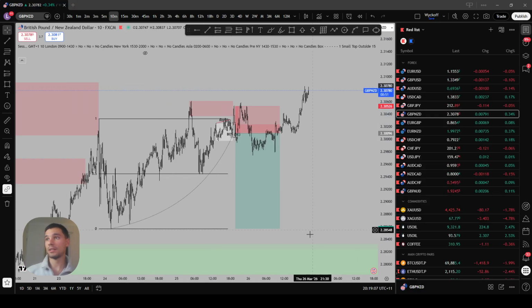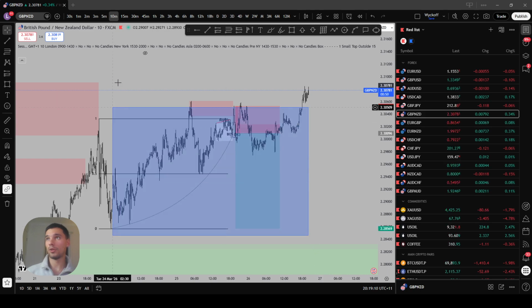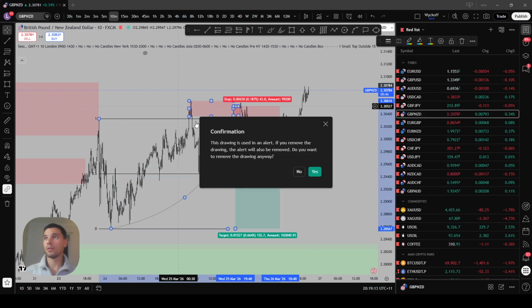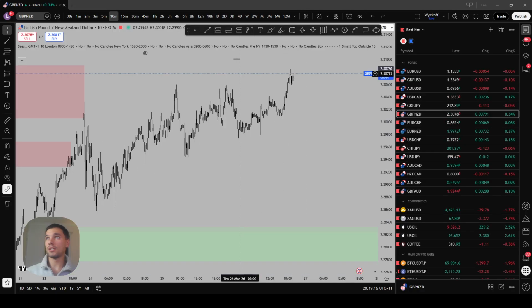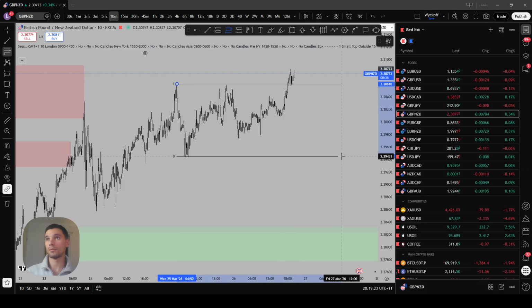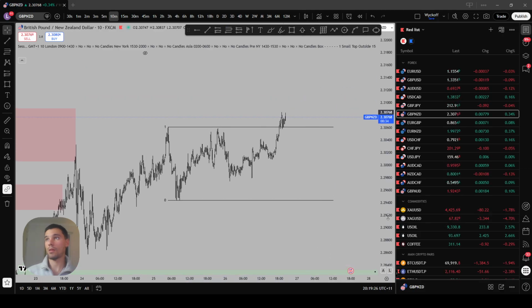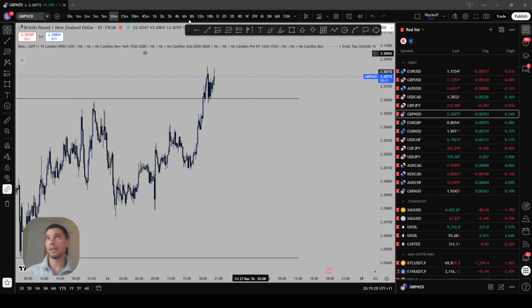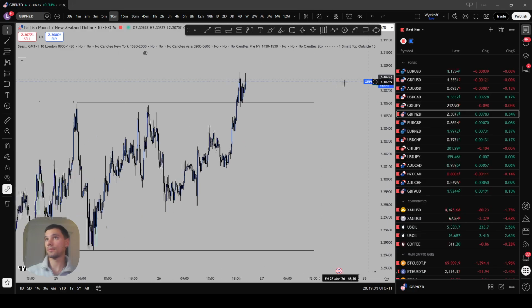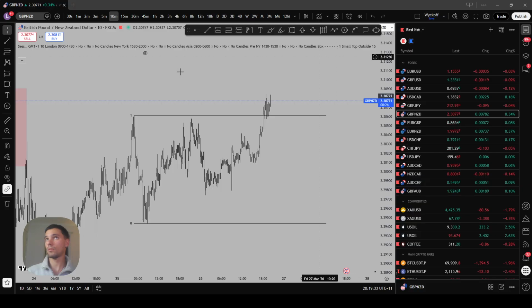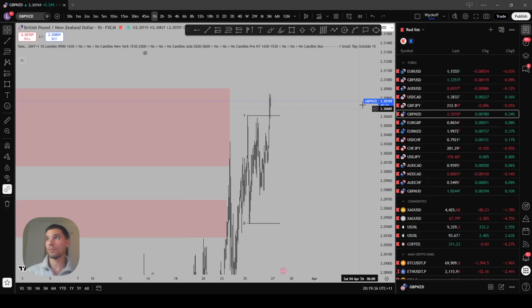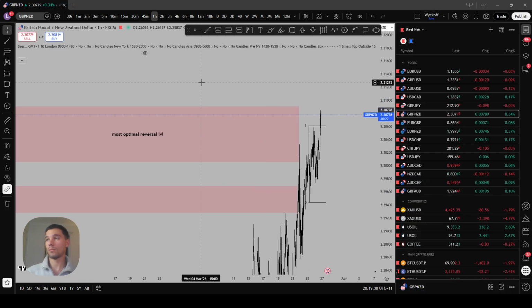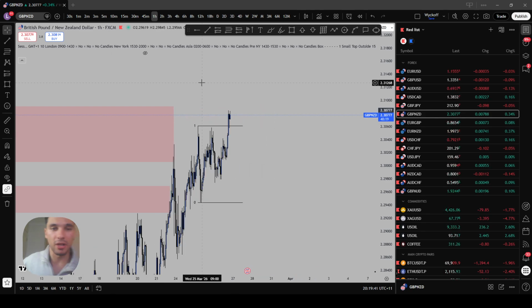So in this instance, I am no longer interested in this, and this is my new range that I will now be monitoring. So we will pay attention to this. Regardless, it's showing strength because we're really ripping through what would have been our most optimal reversal level.